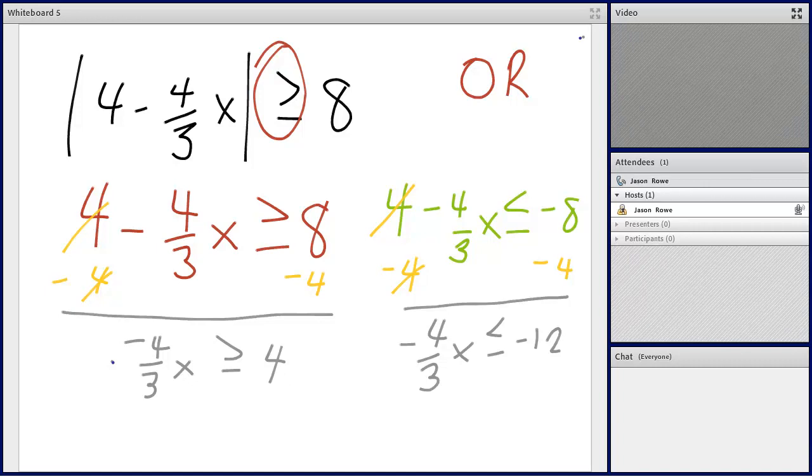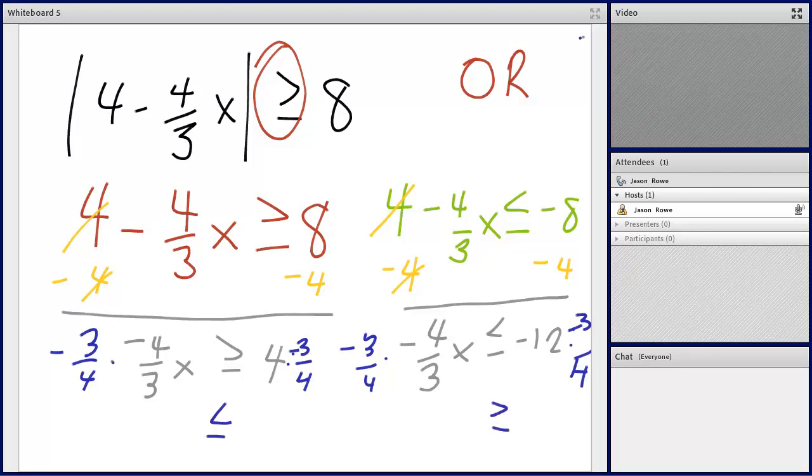Reciprocal, we flip that fraction, so we multiply by -3/4 over here and by -3/4 over here. Because we're multiplying by a negative, you've got to have memorized by now, that has to flip. This is going to flip.